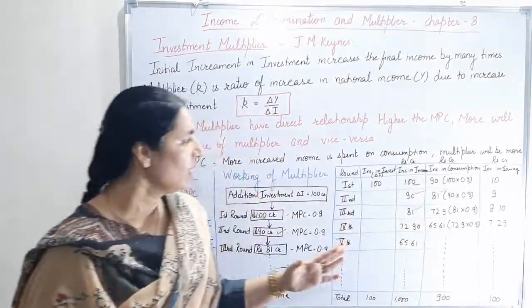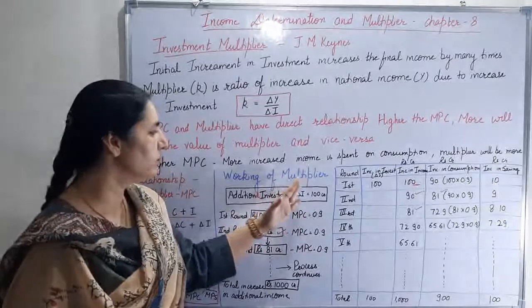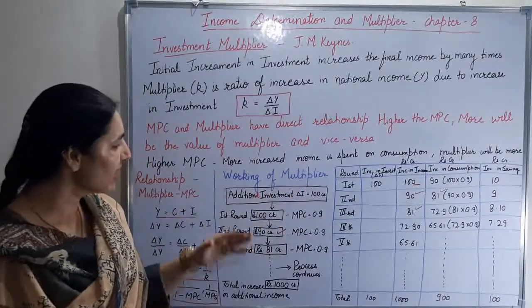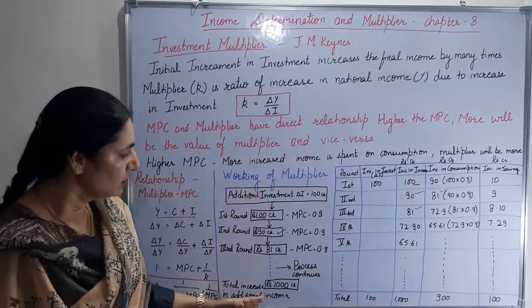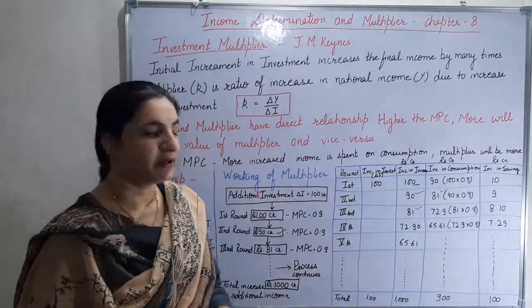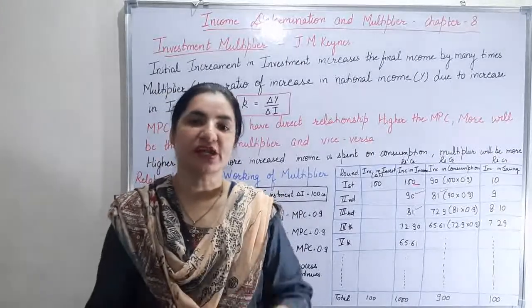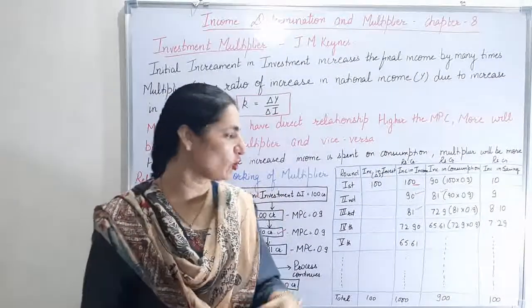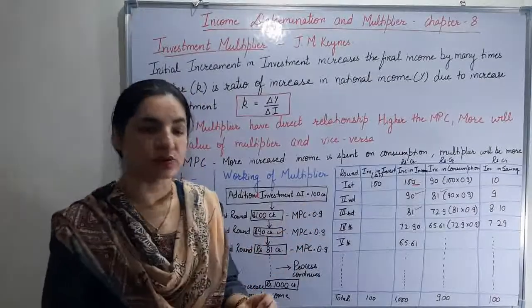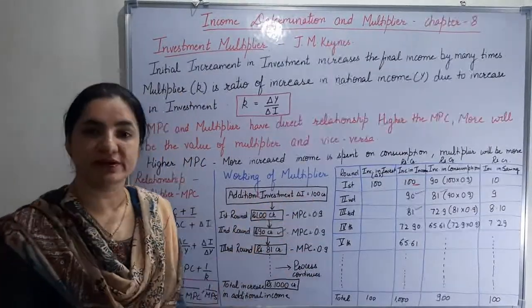Now let us see how the system works in the economy, the working of the multiplier. This I have shown you in this format and also in tabular format. Suppose the additional investment made in the economy is 100 crores. This I have written: the additional investment is 100 crores.